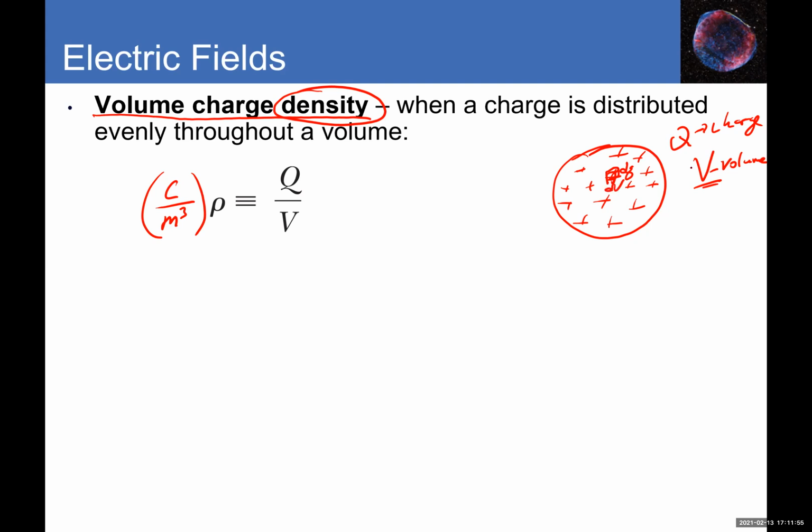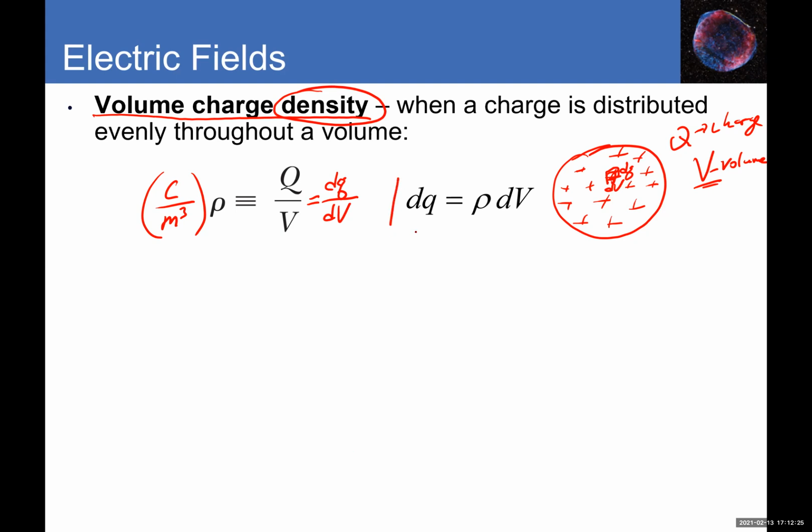Then this ratio is also equal to dq over dV, where dq is the charge of my small element and dV is the three-dimensional size, the volume, of my small element. So rho is equal to dq over dV. Also, it's Q over V. So if I rearrange, then dq equals rho times dV.